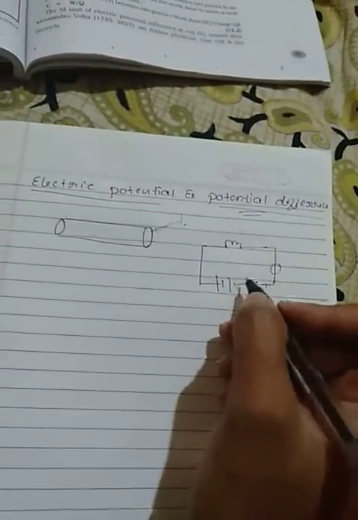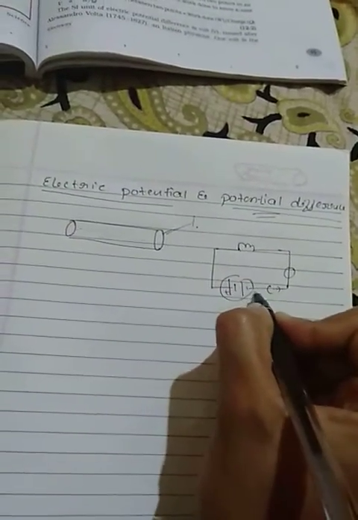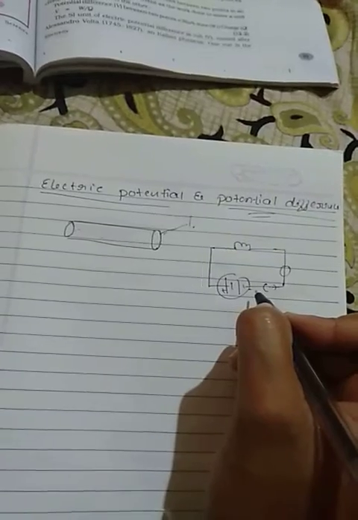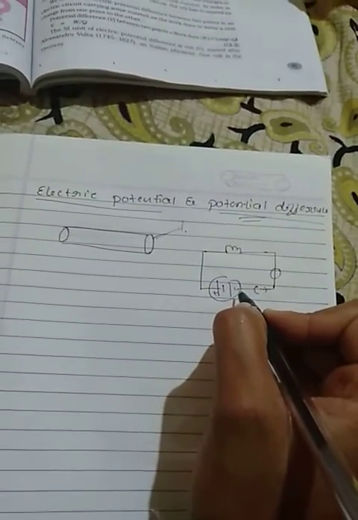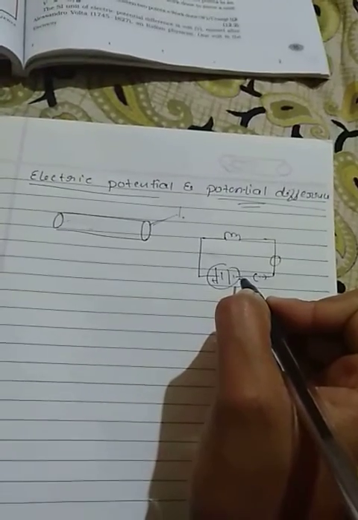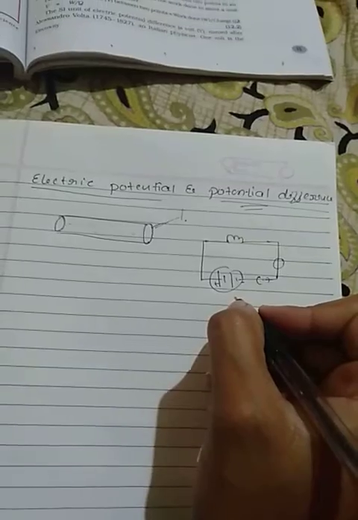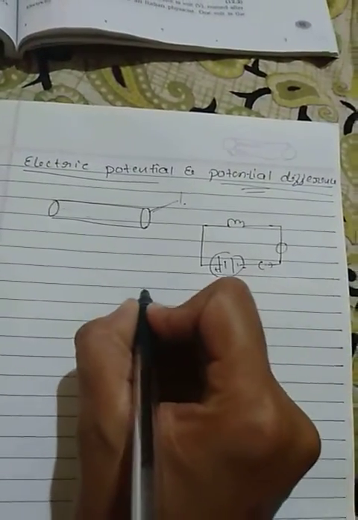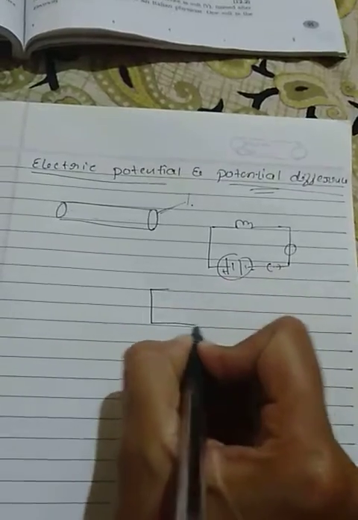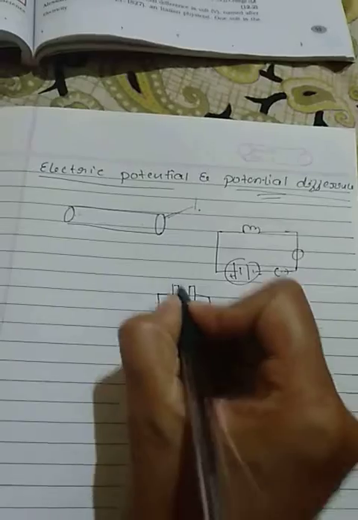This difference may be produced by a battery. Remember, the potential difference may be produced by a battery, which consists of one or more electric cells. Within the battery, some chemical reactions occur. If we take this battery, this is the anode, as you already learnt in chemistry, and this is the cathode.